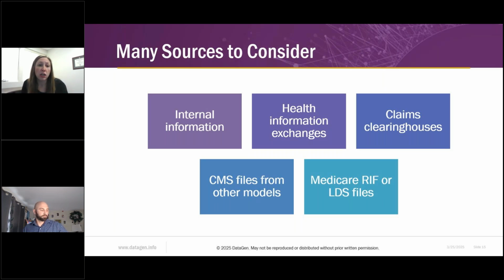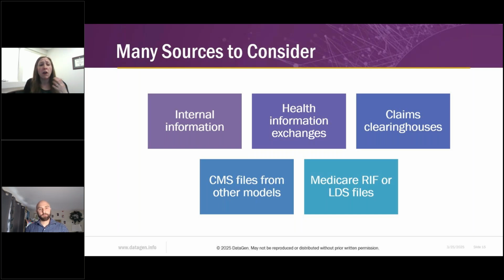And then the last option, which is what we use at DataGen, is looking at other Medicare files that can be acquired that are really used for more research purposes. And these often are referred to as RIF files, which are research identifiable files, or limited data set files.